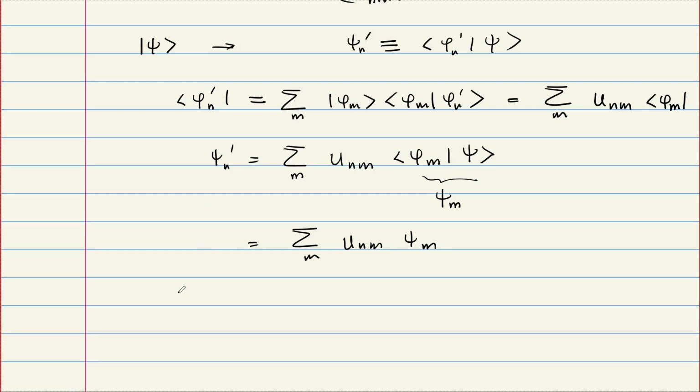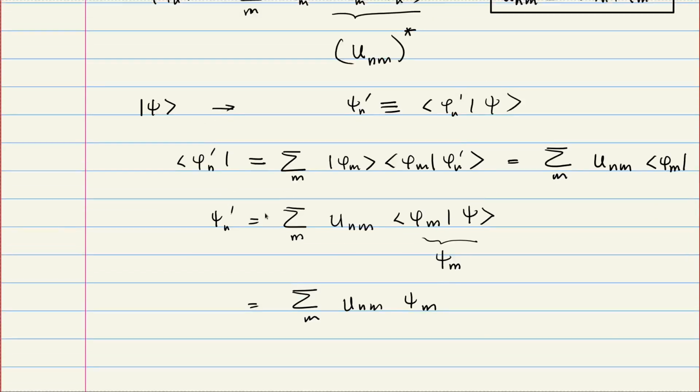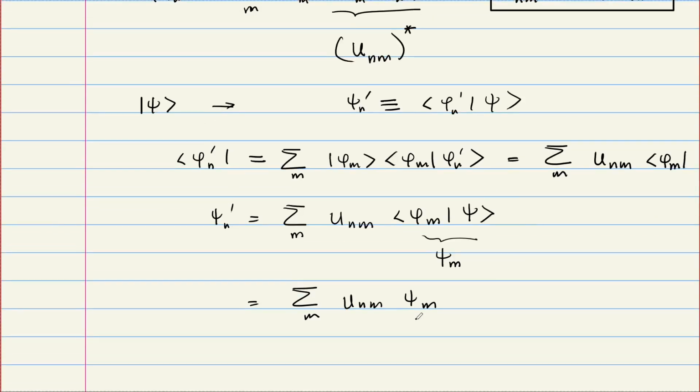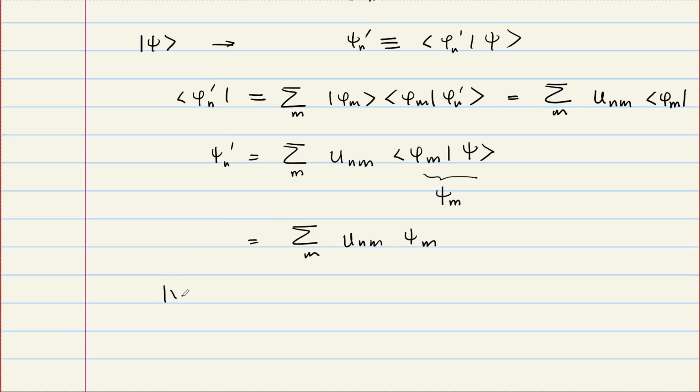And what we see here is this operation. And what is this? This is exactly psi prime is equal to u psi. So it has the above matrix representation. Good.